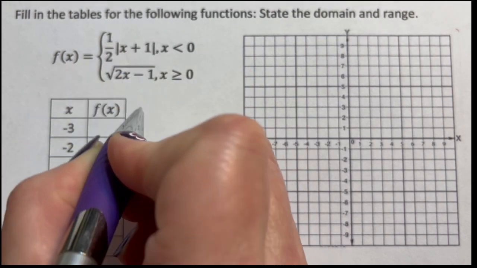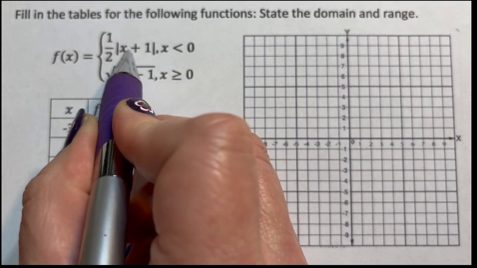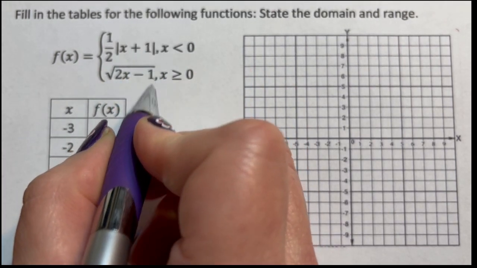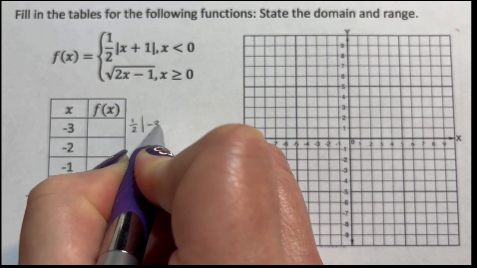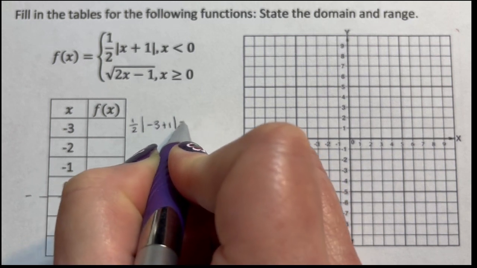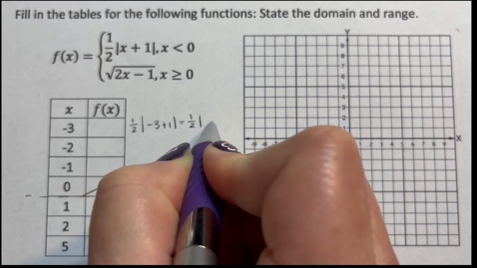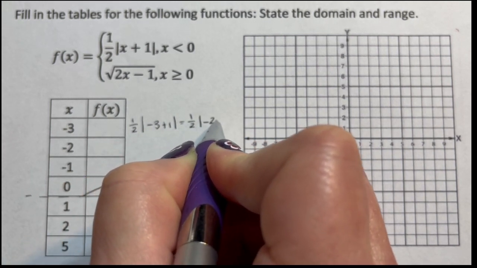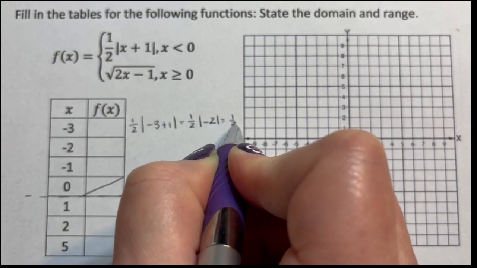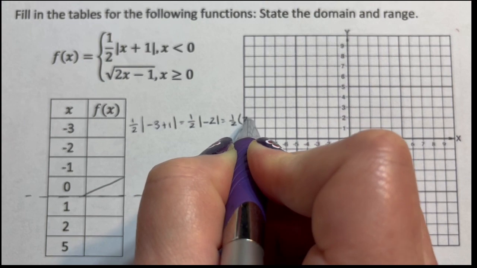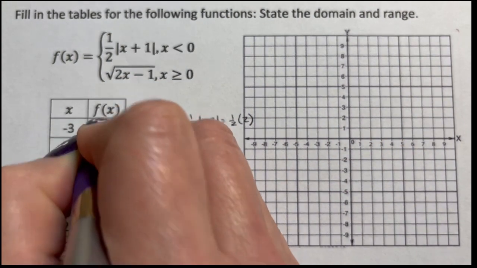Okay, so if I put in -3 for my first equation, I have 1/2 absolute value of -3 plus 1, which is 1/2 times the absolute value of -2. This means it's positive, so this is 1/2 times +2, which comes out as a +1.